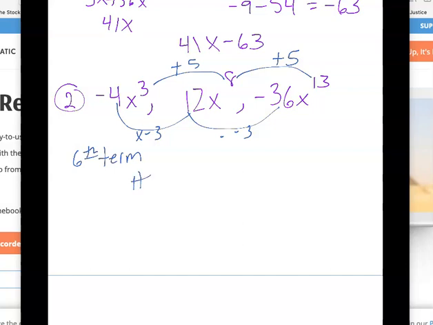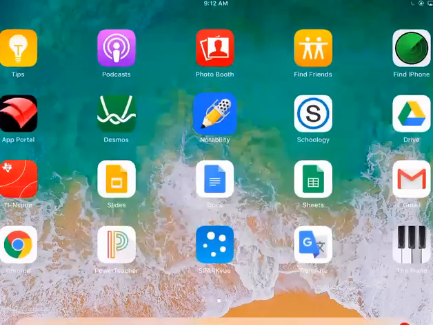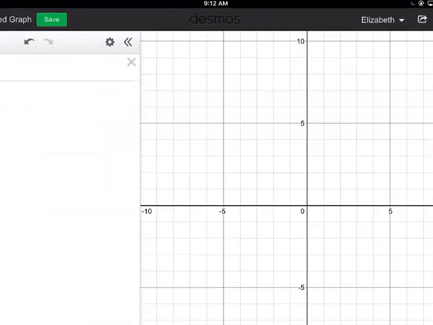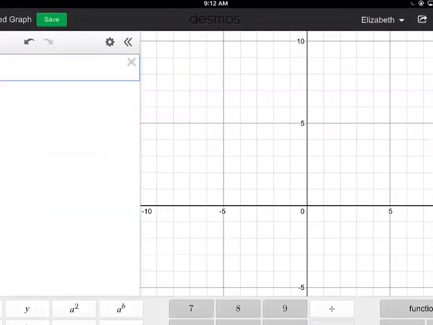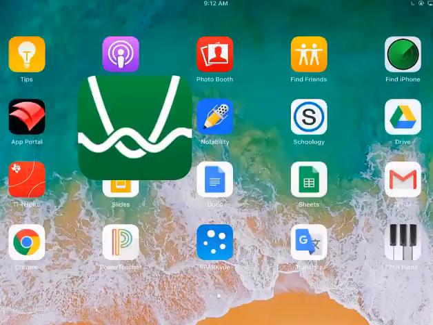So we have numbers and then the x's. So our number, it's geometric because we're multiplying by negative 3. So negative 4 times negative 3 to the 6 minus 1. So let's see, negative 4 times negative 3 to the 6 minus 1, which is 5, so we have 972.